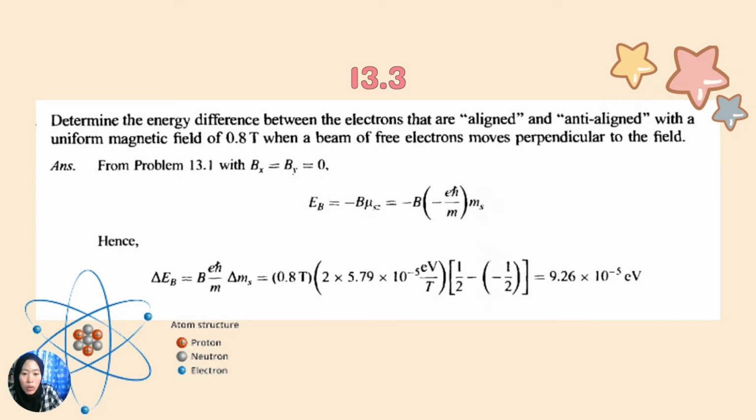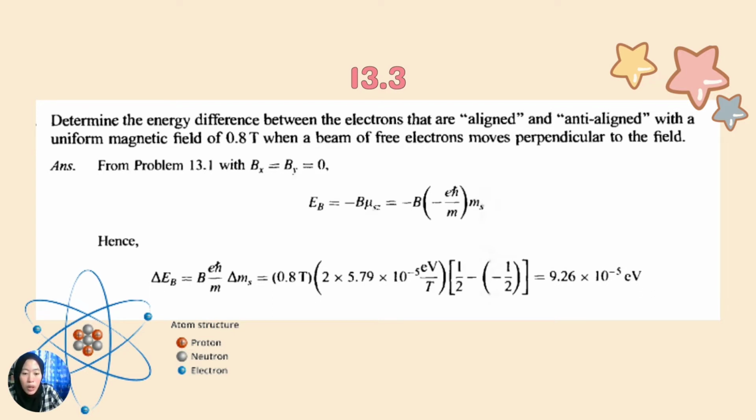E_B equals negative B mu_z equals negative B times negative e h bar over m times m_s. So we get delta E_B equals B times e h bar over m times delta m_s, and we just insert all the values.